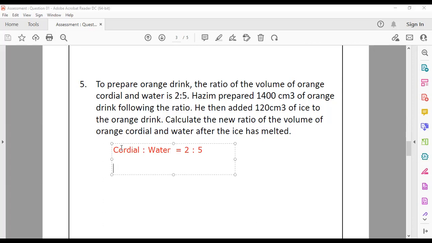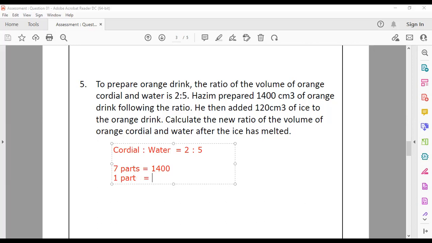Now he mixed already, and he got 1,400 centimeter cube of volume there. Should be milliliters. I may have to double check on the unit here, but never mind. The idea is 7 parts is equivalent to 1,400. 1 part is how much?